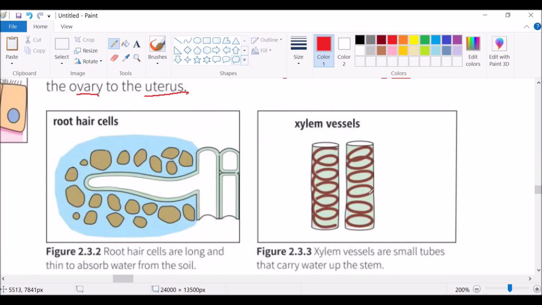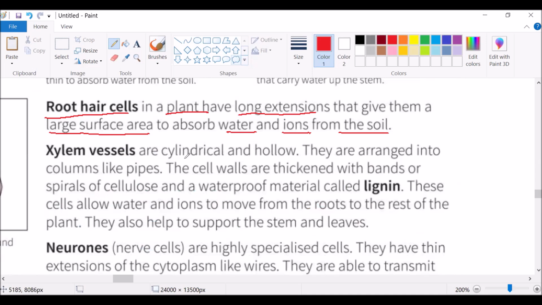Then we have xylem vessels. Xylem vessels are cylindrical and hollow. They are arranged into columns like pipes. The cell walls are thickened with bands or spirals of cellulose and a waterproof material called lignin.